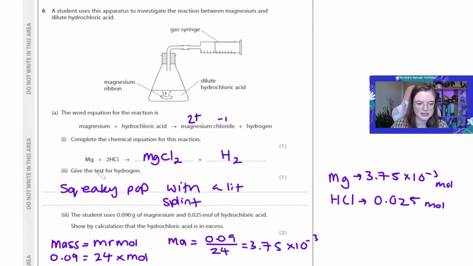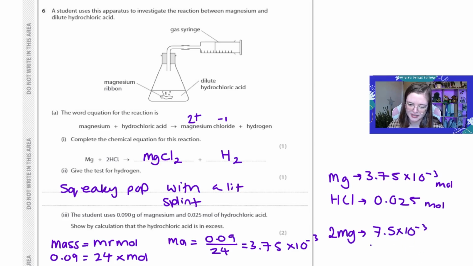So if we look at this symbol equation, we do need double the amount of HCl. So if we look at magnesium, we have this, and then 2 lots of magnesium would be 3.75 times 2, which is 7.5 times 10 to the power of minus 3.